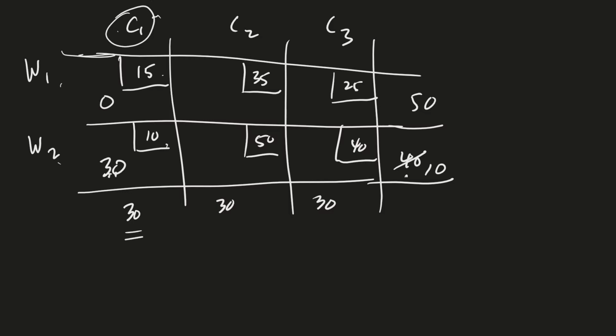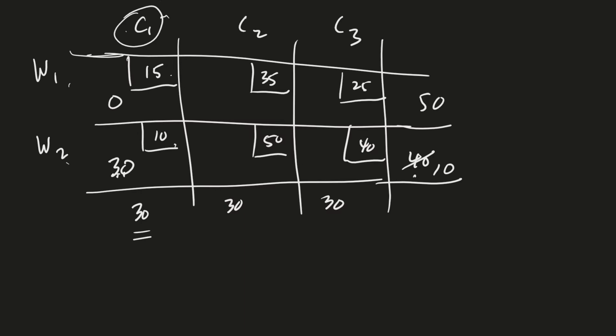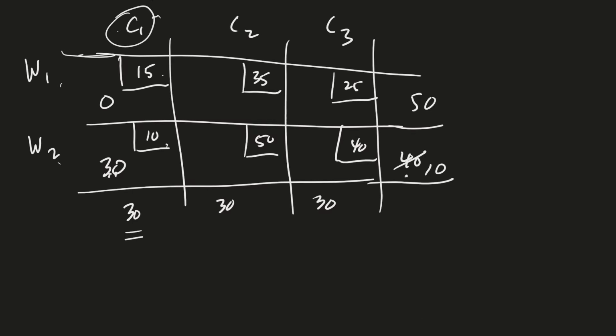Okay, now I go to customer 2 and I say, how do I fill in these numbers in order to fulfill customer 2's needs? Well, I see 35 versus 50. 50 is way bigger than 35, so I want to maximize the amount of stuff that I'm shipping from warehouse 1 to customer 2, and so I'm going to take this 50 and put all 30 to customer 2, right?